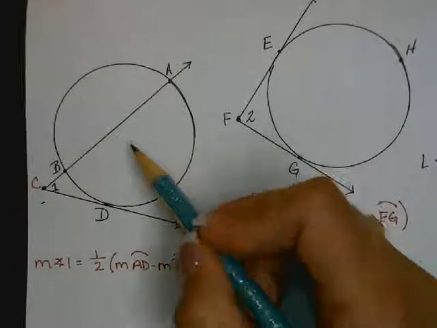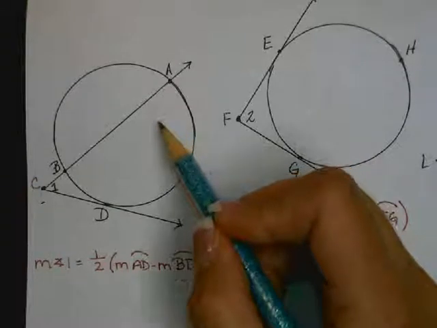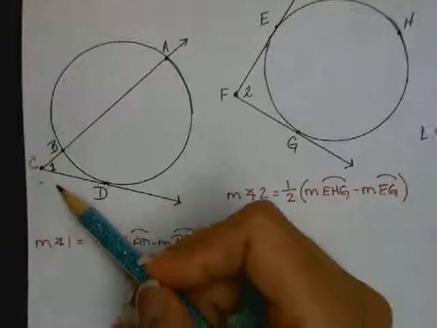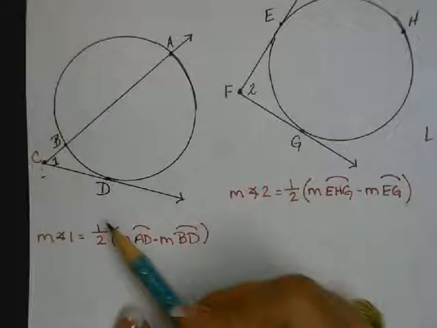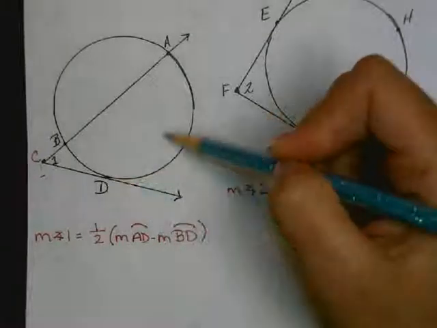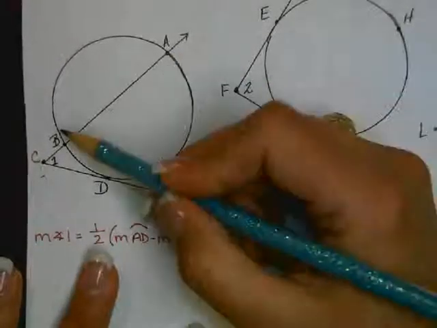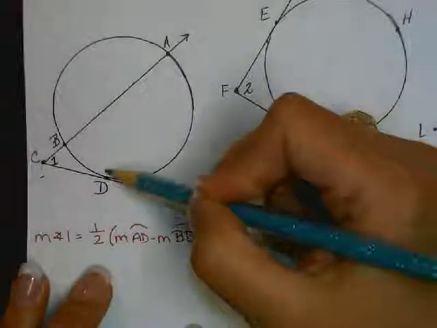When it was on the inside of the circle, you added the arcs and divided by 2. And now that it's on the outside of the circle, what do you think you're going to do? You take your arcs and subtract them, so it's going to be major or big arc minus little arc and divide by 2. So major minus minor divided by 2.